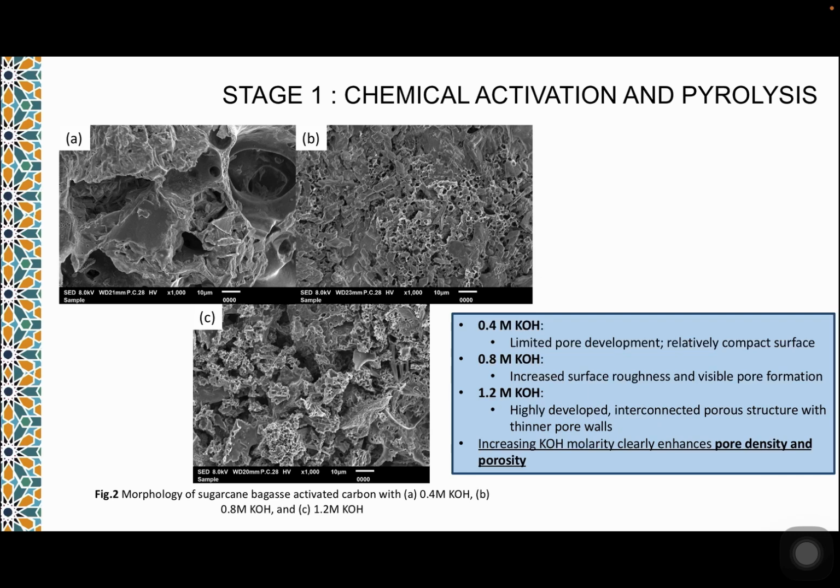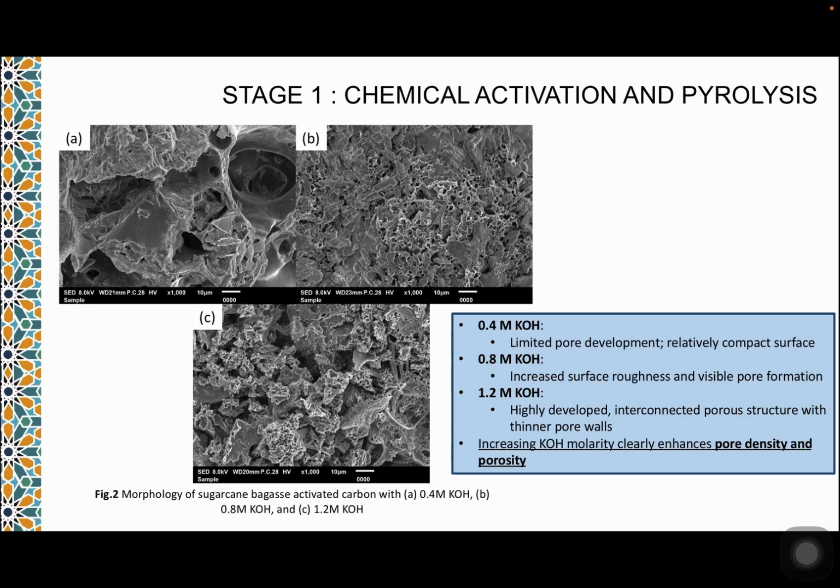Okay, in stage number 2, we did the chemical activation and also the pyrolysis process, and we observe again its SEM. From here we can see that at 0.4 mol KOH, only limited pore development is observed, and it is a relatively compact surface.